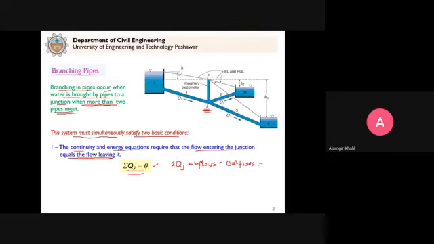And this must be equal to 0. This condition has to be satisfied.